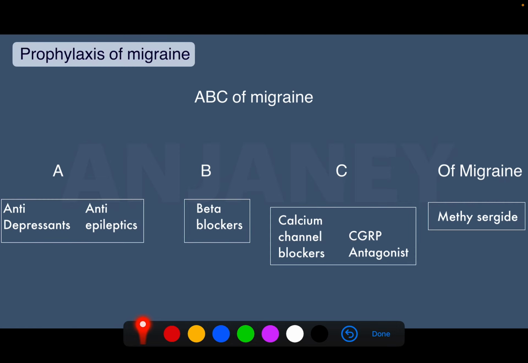Now we are just learning the drugs that are given for prophylaxis of migraine, right? From A we have antidepressants and anti-epileptics. B we have beta blockers. From C we have calcium channel blockers, CGRP antagonists and methysergide. These are the 5 classes of drugs that we are giving for prophylaxis. Now we will study the individual drugs in these classes.